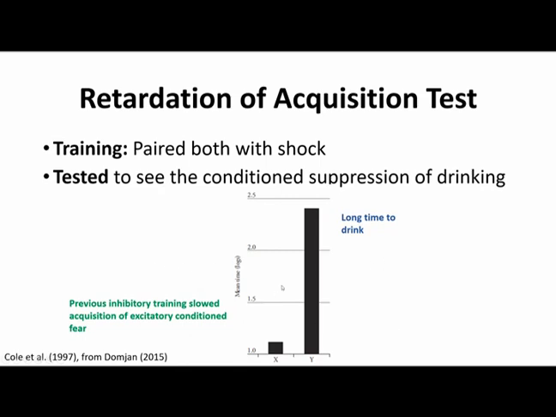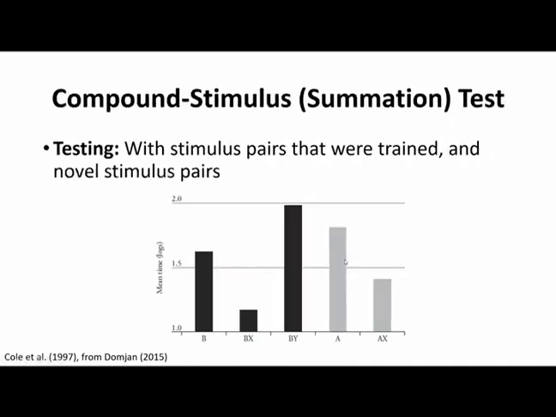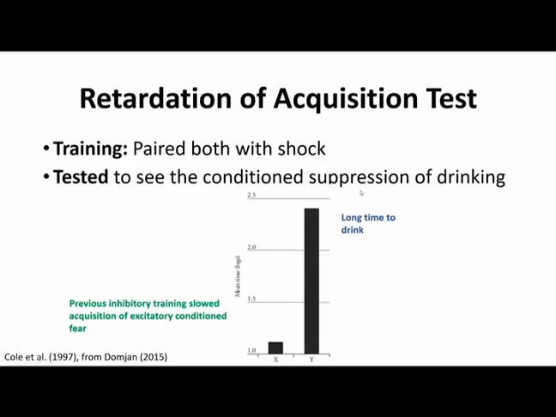Now, you might have figured this out already, but because this test and the previous test are both looking at the same stimuli, the same kind of setup, just from different angles, they did that for a reason. When you conduct only one of these tests, if you only conducted a retardation of acquisition test, or only a compound stimulus test, then you couldn't be certain that what you are seeing wasn't due to some other external factor.